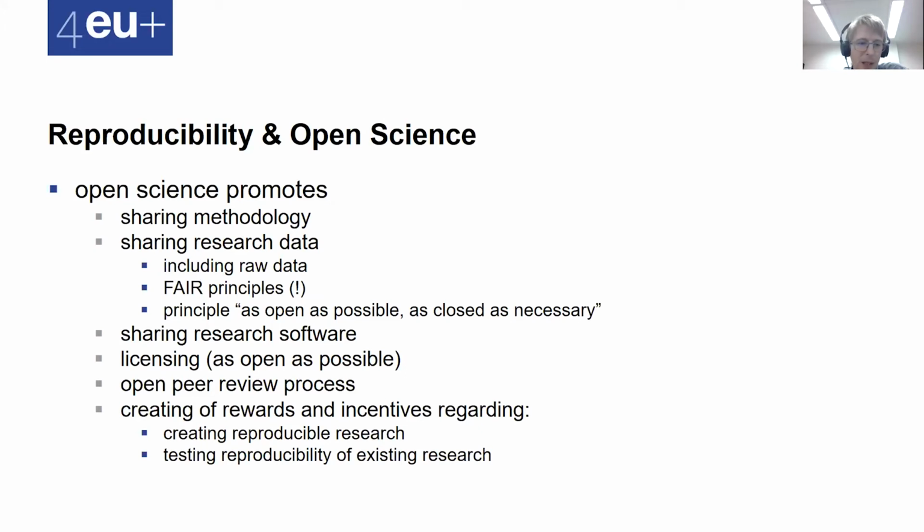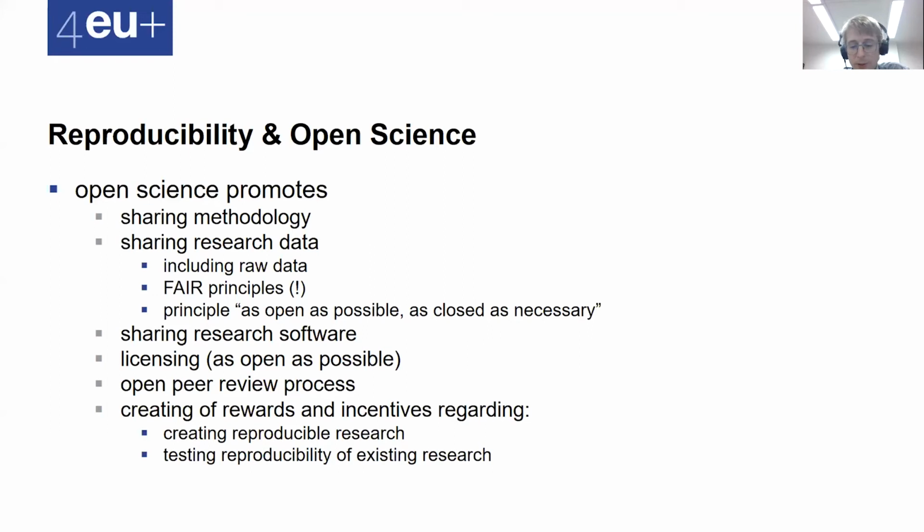And if we look at reproducibility and open science, the open science provides these things: sharing of methodology and sharing of data. We didn't mention really sharing of methodology, but it's a different part of open science, this reproducibility part.